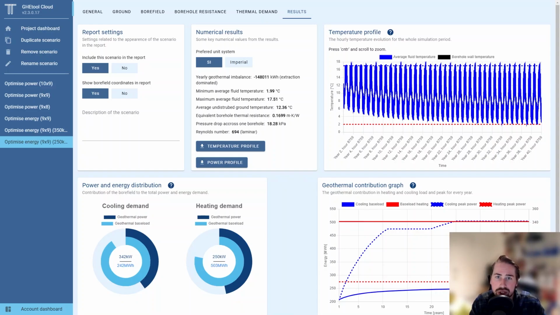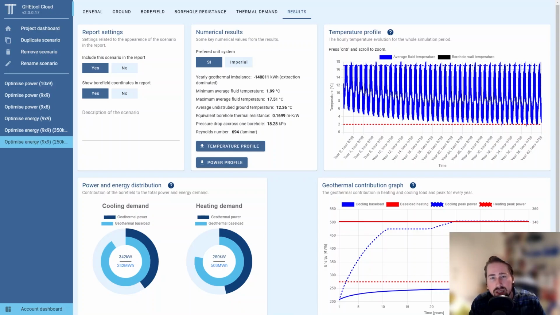I hope everything was clear, and if it was not, perhaps check out also the other 2 articles in this series where we discuss more about what geothermal hybrid systems are, what geothermal potential is, and how both the methodology for optimized power and energy really work.